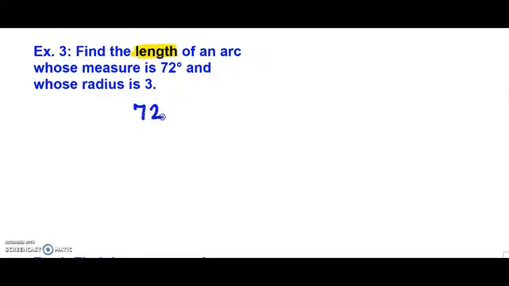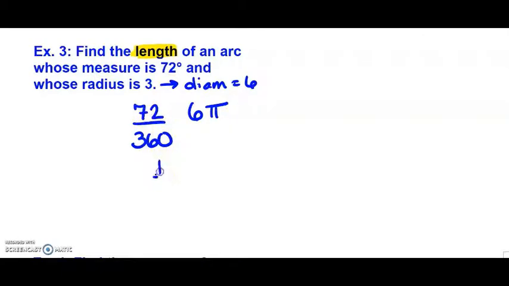So I'm going to take 72 over 360, and if the radius is 3, that means the diameter is equal to 6, and the circumference is the diameter times pi. We just saw in the last problem that 72 over 360 is 1/5, so 1/5 times 6 pi is 6/5 pi.